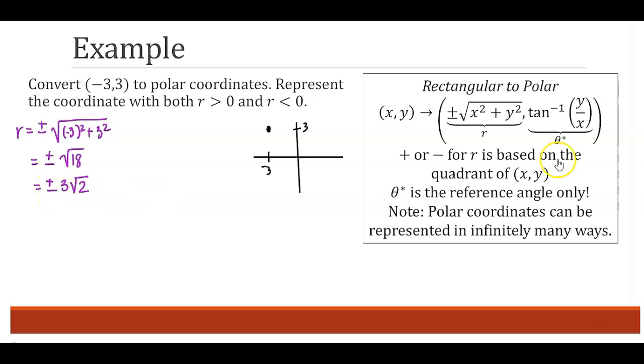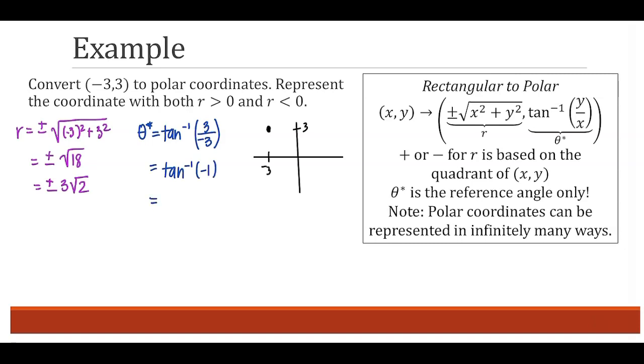Now I'm going to attempt to find what I'm calling theta star, the reference angle. So we're going to do tangent inverse of y over x. Theta star is tangent inverse of the y value 3 over the x value negative 3, or tangent inverse of negative 1.